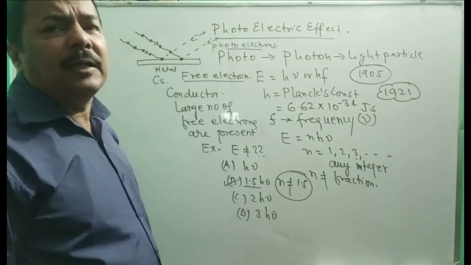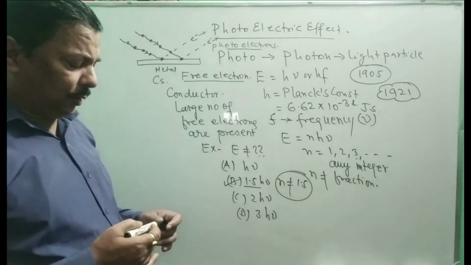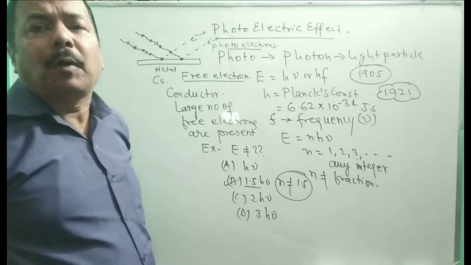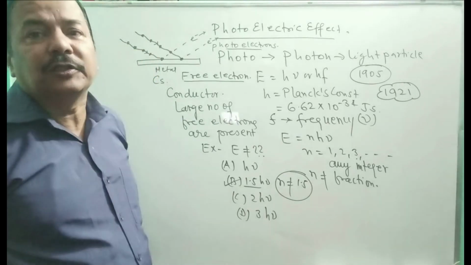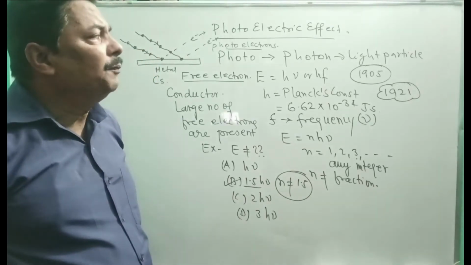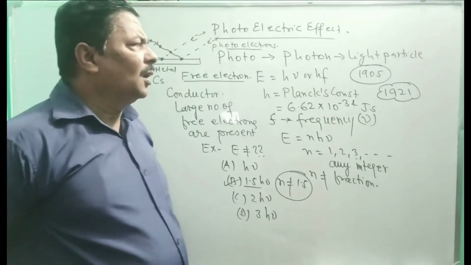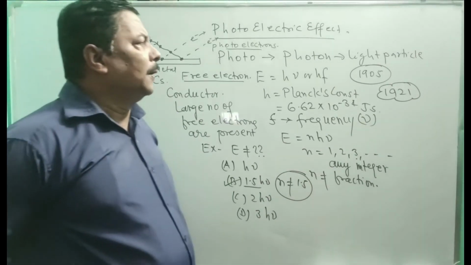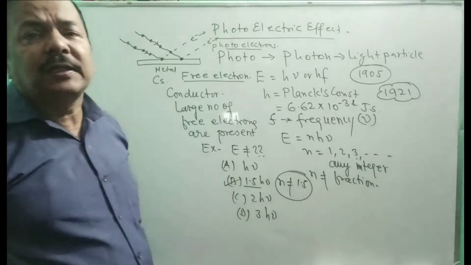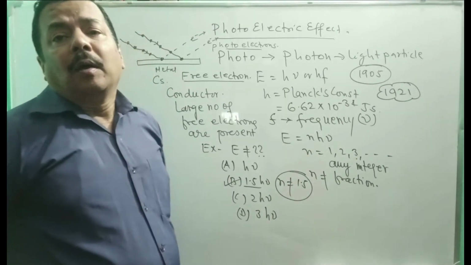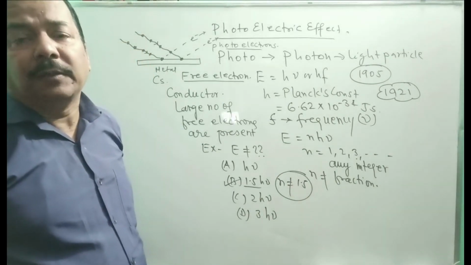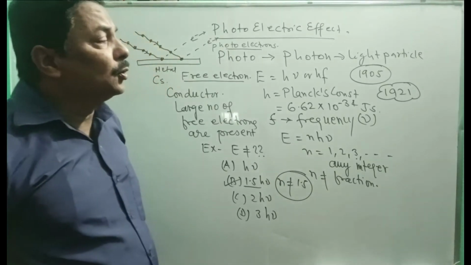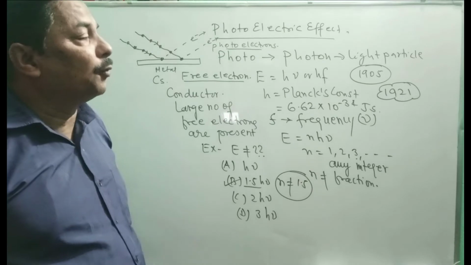You should understand carefully that the Nobel Prize is not given posthumously, that means after death; it is the custom followed by the authorities to give it before death only. Einstein did not get the Nobel Prize for his theory of relativity, but in 1921 he got it for his successful explanation of the photoelectric effect.